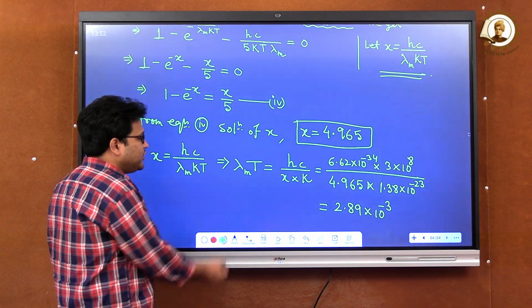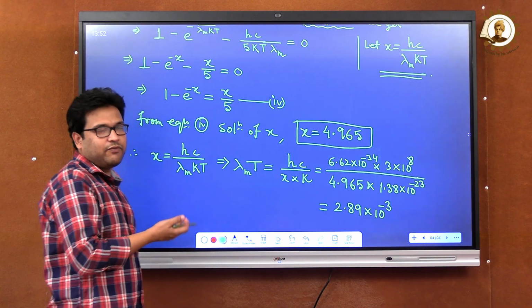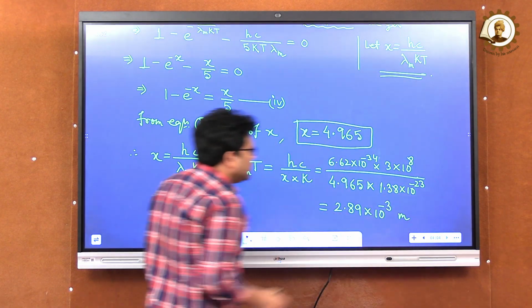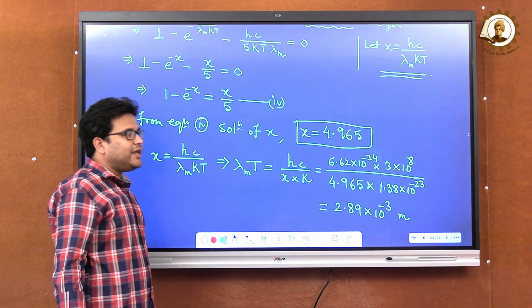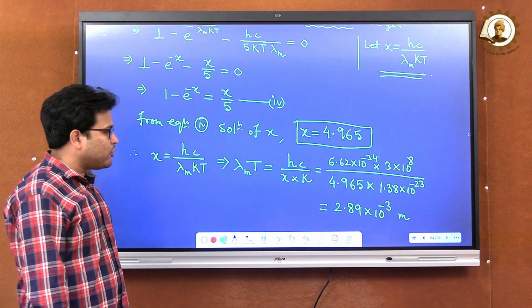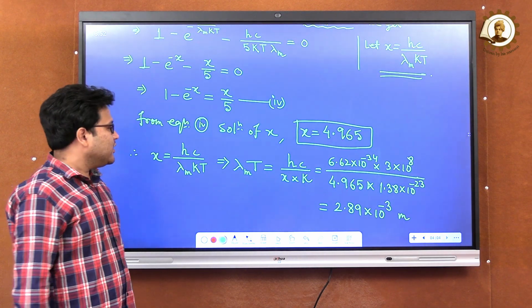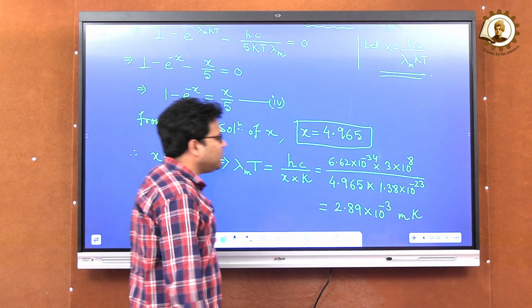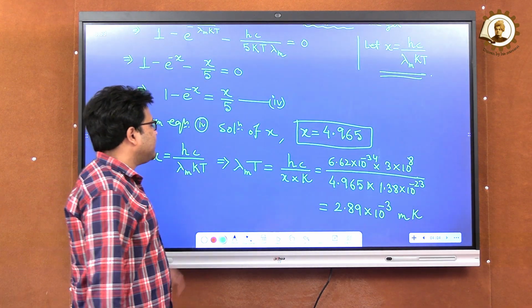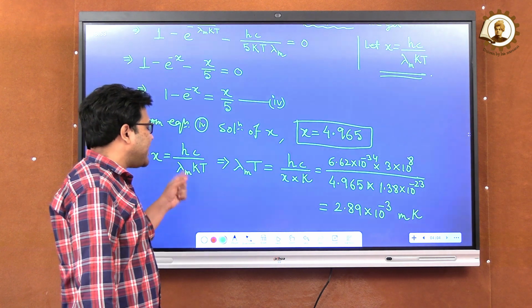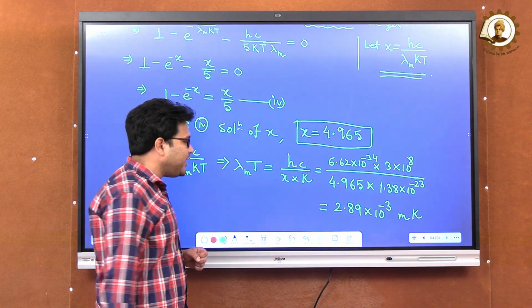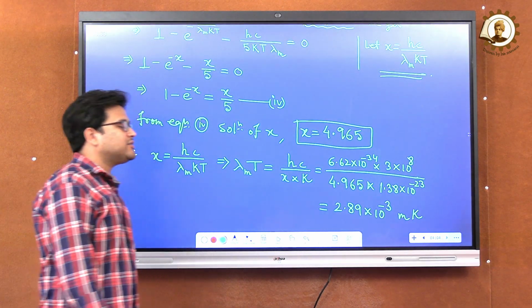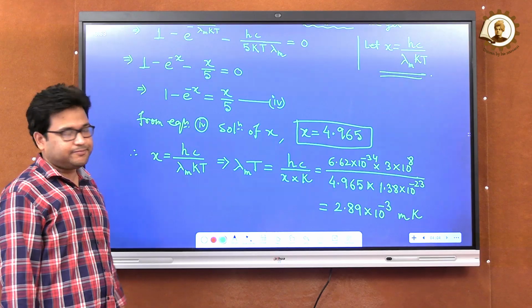The unit of wavelength is a length, obviously, so it should be meter. T is the absolute temperature of the blackbody, so its unit in SI should be Kelvin. On the left hand side we have the maximum wavelength times the absolute temperature of the blackbody, which equals 2.89 into 10 to the power minus 3 meter Kelvin, which is a constant.